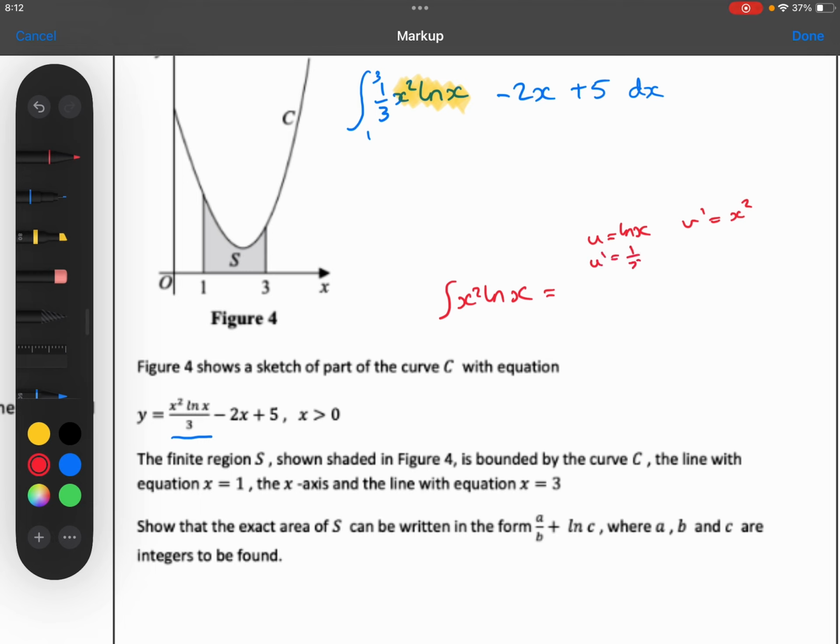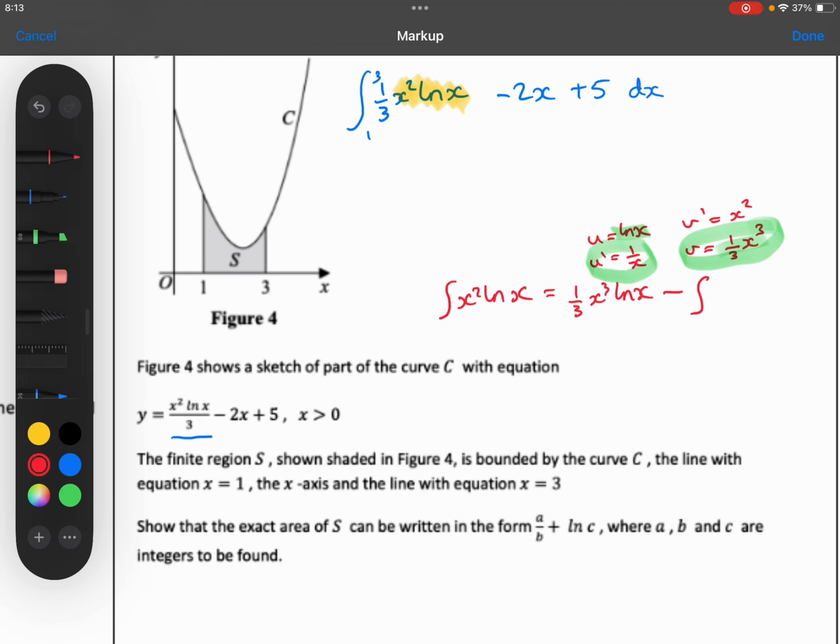Differentiating ln x, I get 1 over x. Integrating the x squared, I get 1/3 x cubed. Applying the by parts formula, I have u times v minus the integral of u dash times v.